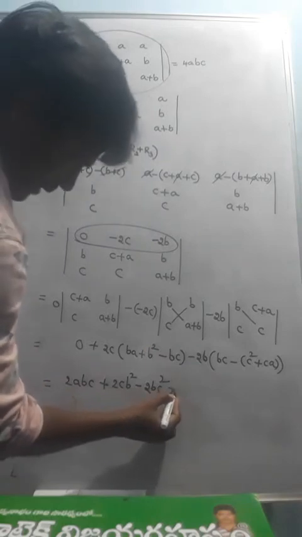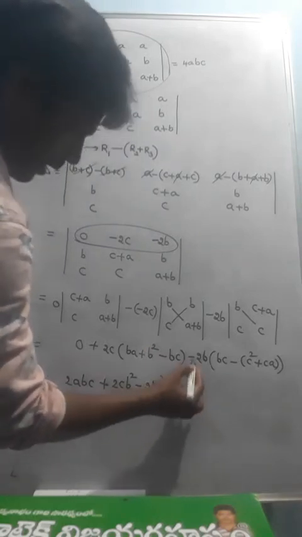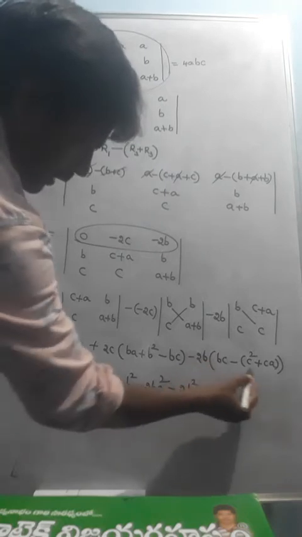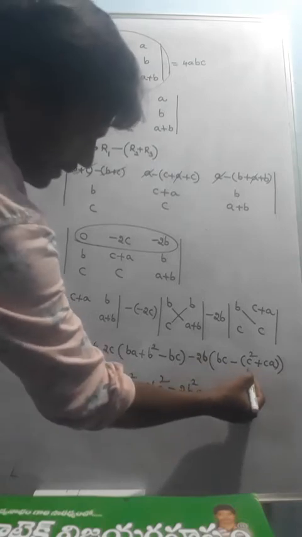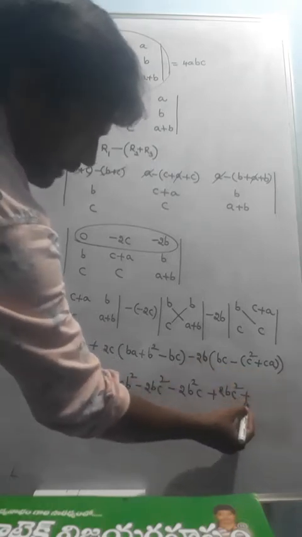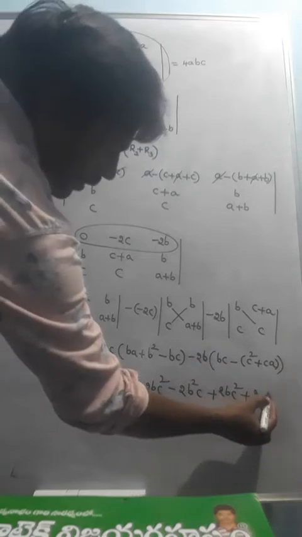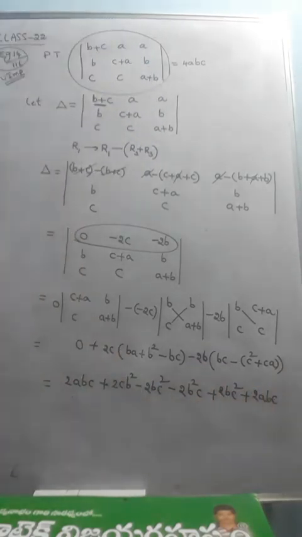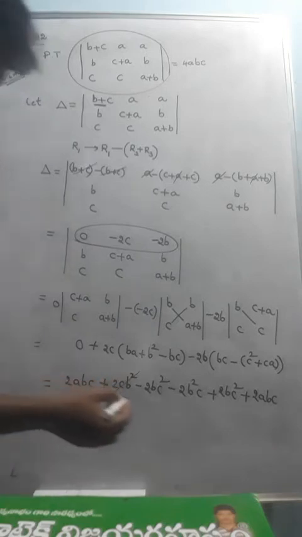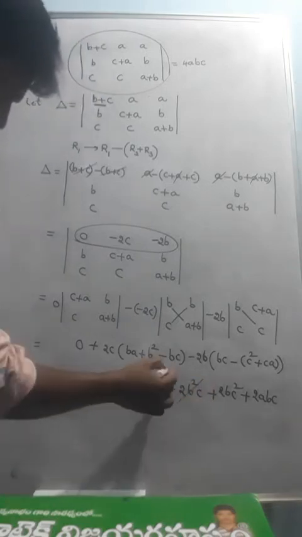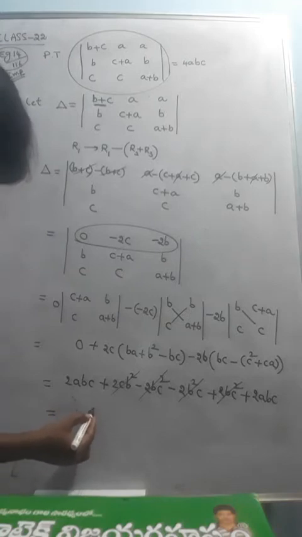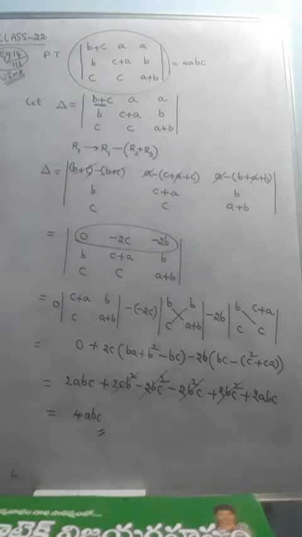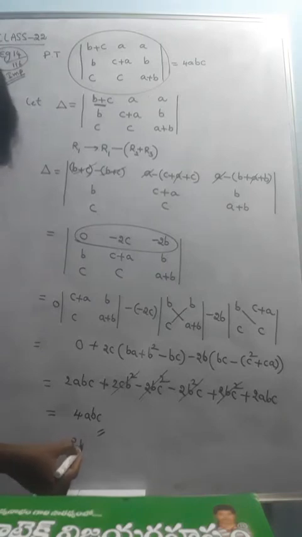Here minus 2b square c, minus into minus plus, 2b into c square, 2bc square, minus into plus minus minus into minus plus 2b into ca, 2abc. So plus 2cb square minus 2cb square cancel, minus 2bc square plus 2bc square cancel, 2abc plus 2abc is 4abc. So we proved the RHS.